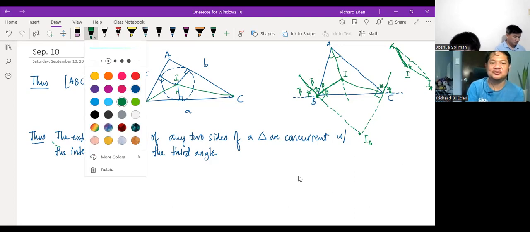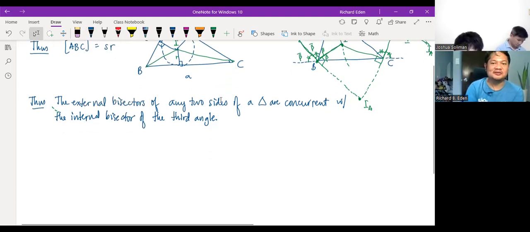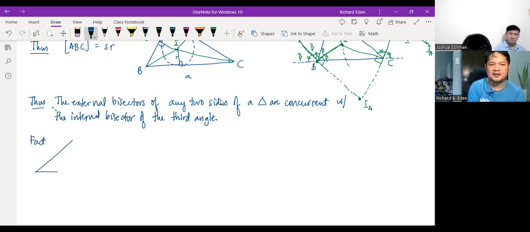This is one way of doing this, and what it utilizes is a fact that's true about an angle bisector. Fact: let's say you have this angle with vertex V, and this is the angle bisector.